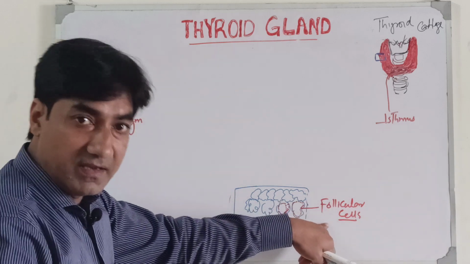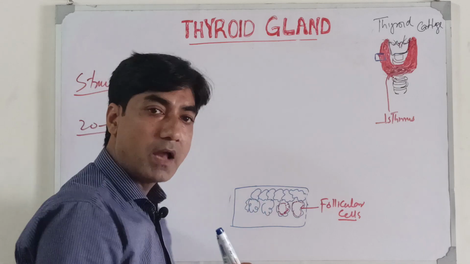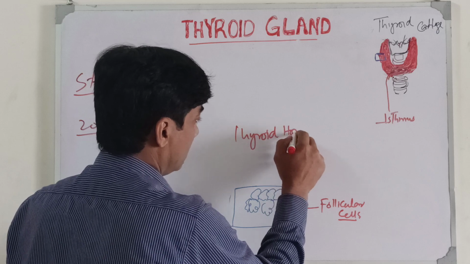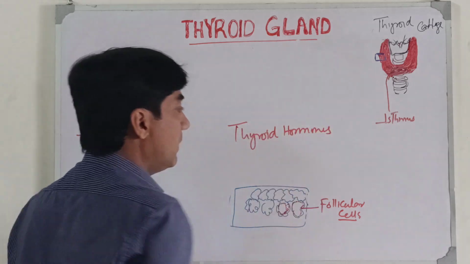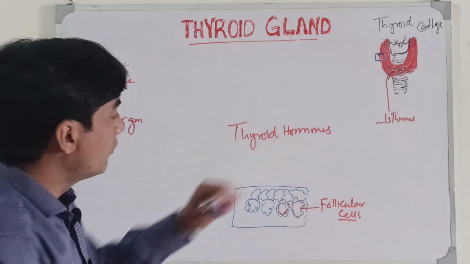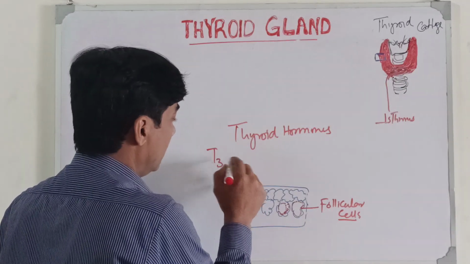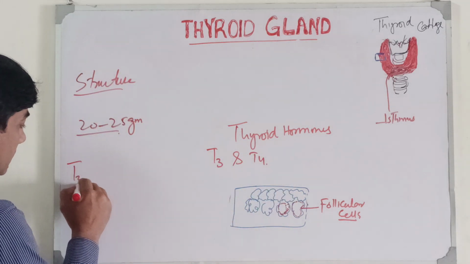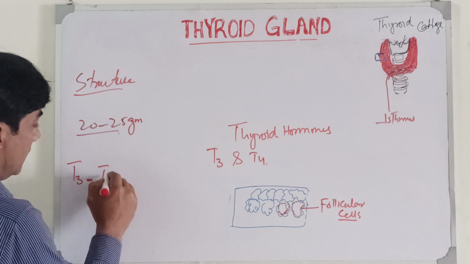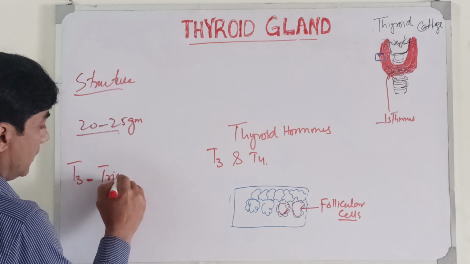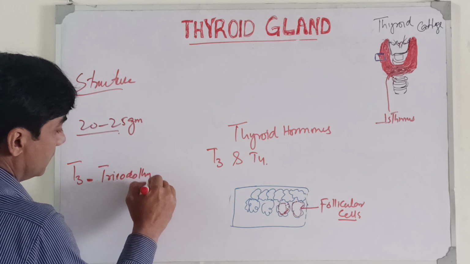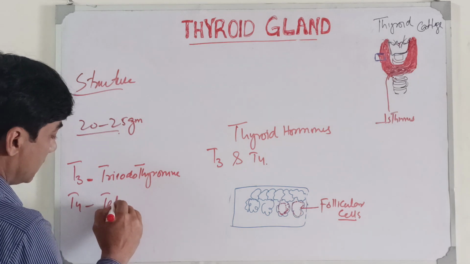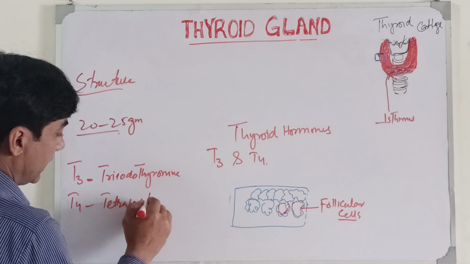Basically, these cells secrete two hormones. These two hormones are called thyroid hormones. The names of these two thyroid hormones are T3 and T4. T3 is called triiodothyronine and T4 is tetraiodothyronine.